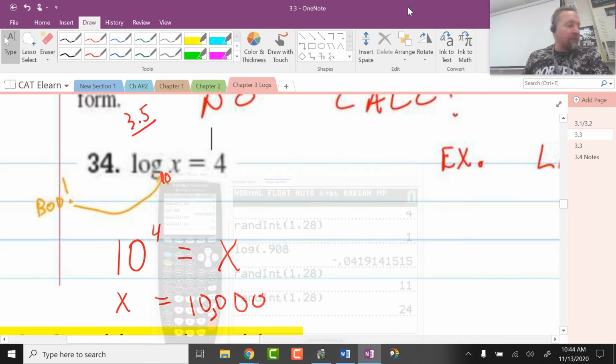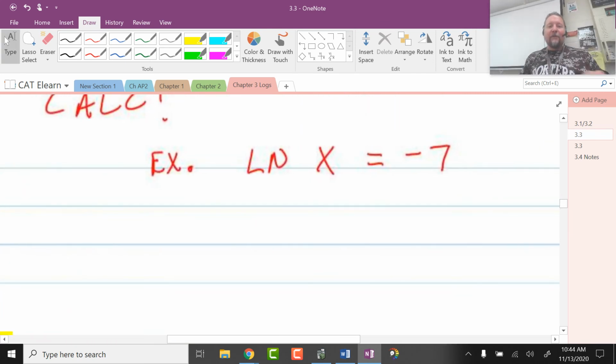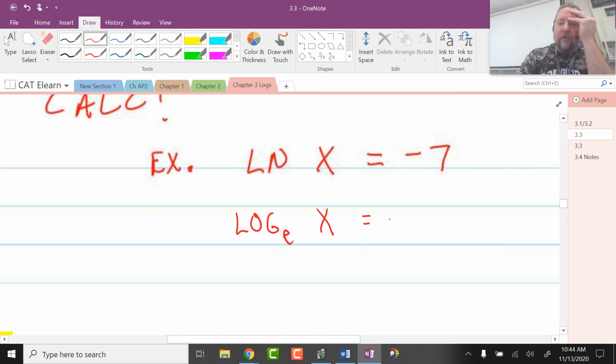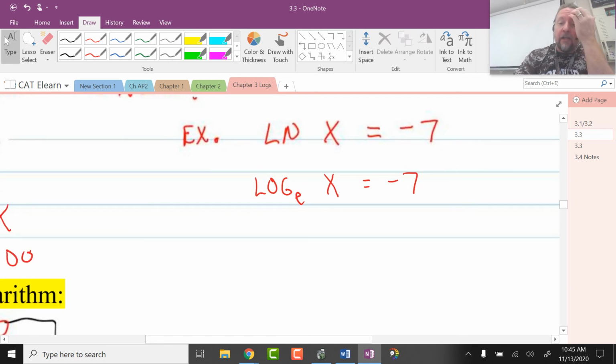Okay, then who? 24 is a new one. This is exciting. Joe. Let's move over here. Joe, I'm going to cry if we don't get this right. ln is log base what? Yay! All right. Okay, change it to an exponent. So get rid of the word log and change it to an exponent.